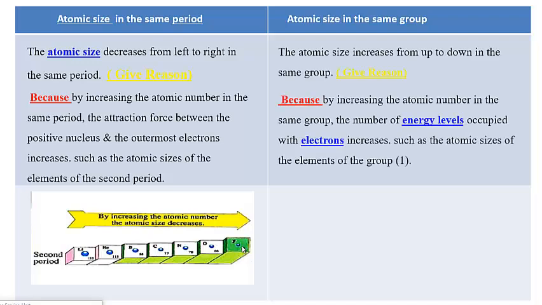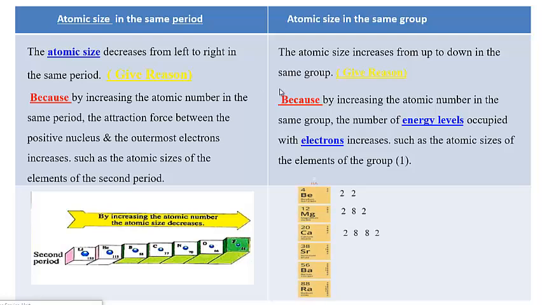Okay, what is the reason that the atomic size in the same group increases from up to down? The atomic size in groups increases from up to down. Why? Because by increasing the atomic number, the number of energy levels occupied with electrons will increase.